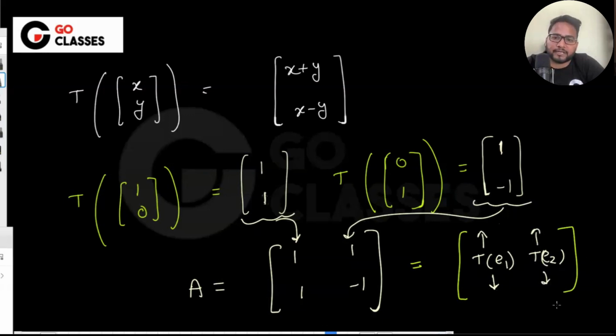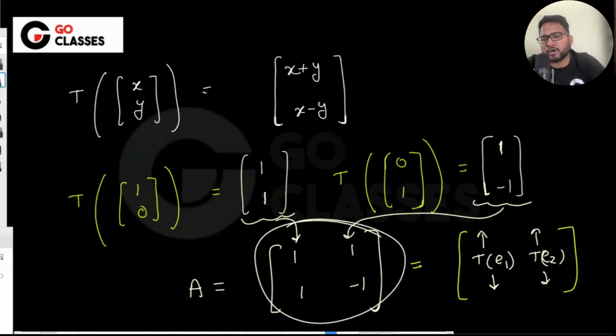It will be your matrix, isn't it? I will prove it and tell you intuitively also, but at least with this example, is this okay? You write the transformation of the first basis, then the second, and you get the same matrix that you calculated earlier, right?